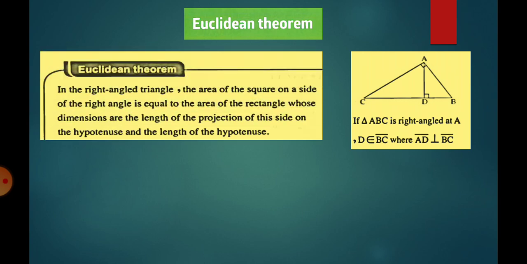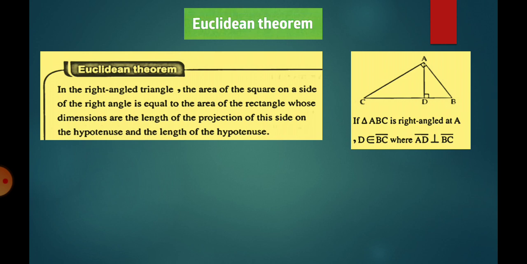In a right angle triangle, the area of a square on a side of the right angle, it means AB or AC, is equal to the area of the rectangle whose dimensions are the length of the projection of this side on the hypotenuse and the length of the hypotenuse.